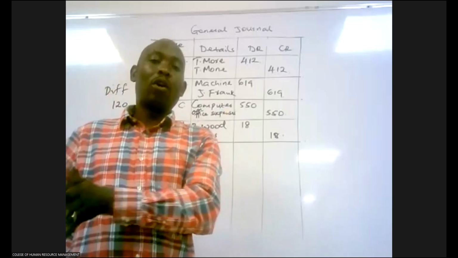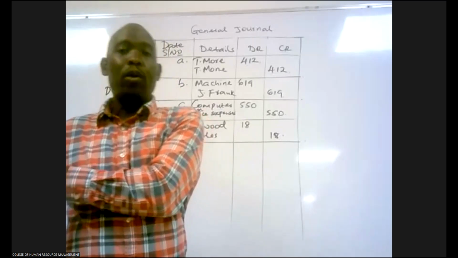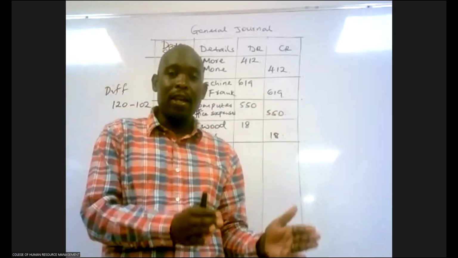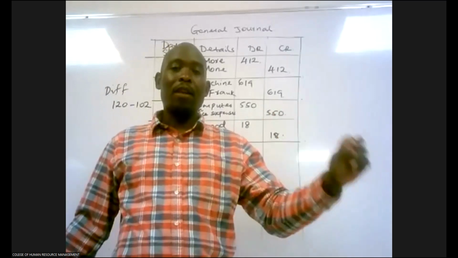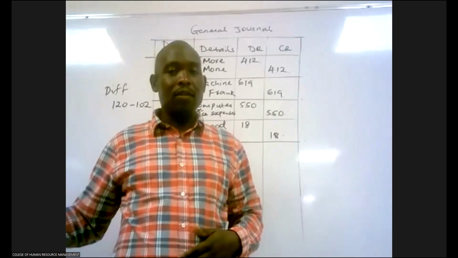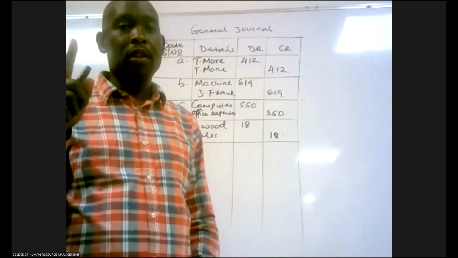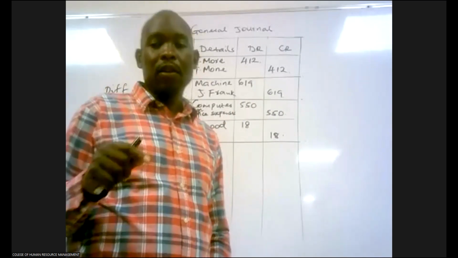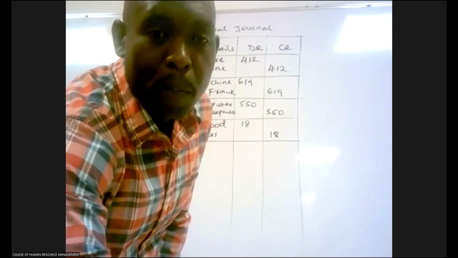Maybe sales was credited by 138, we will now debit sales by 18, so that 138 on the credit minus 18 on the debit, we shall have a balance of 120. Are we together? So when it is an overcast, we normally record it on the opposite side.